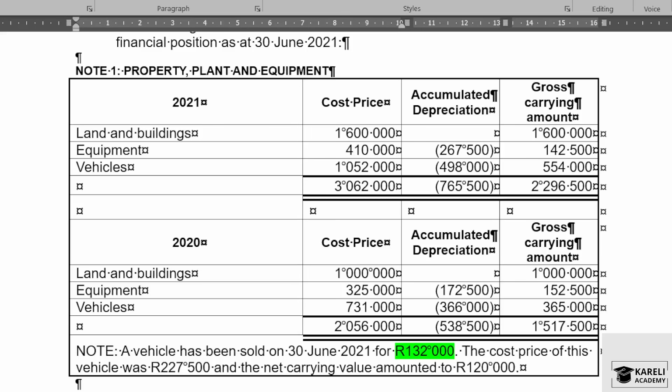Right? Therefore, we are going to say 1,600,000 minus 1 million on the answer sheet.